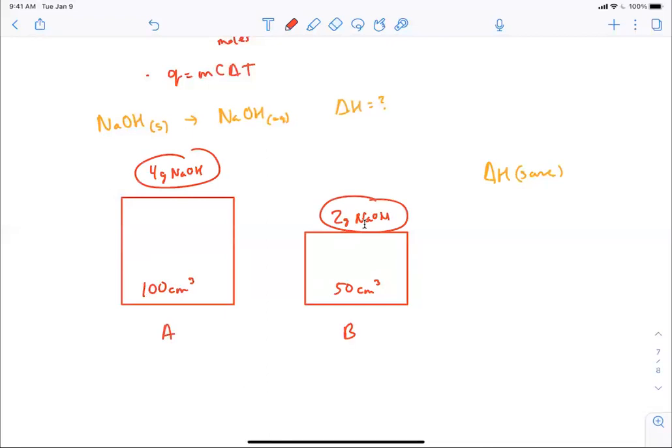Because you're using twice the mass of sodium hydroxide in A, the Q of A will be 2 times the Q of B, because you're using twice as much reactant. So you're going to generate twice as much heat because delta H is the same.